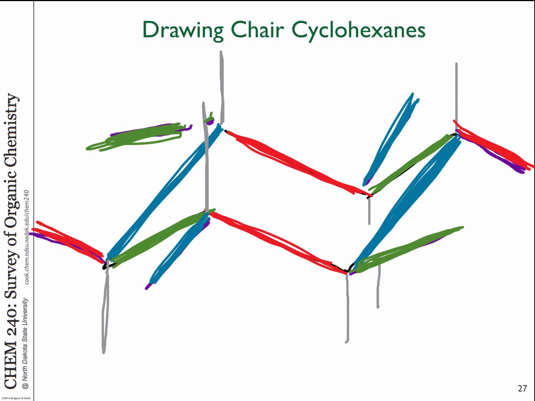So I'm going to redraw this sort of all in one color. So I'm going to erase that. Let me just draw the chair again. Notice I've drawn it all black, but again, recognize which bonds are parallel to which. The two carbon-carbon bonds are crossing each other at any position on this ring.